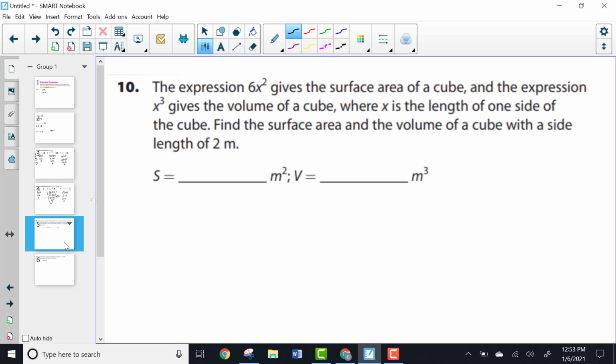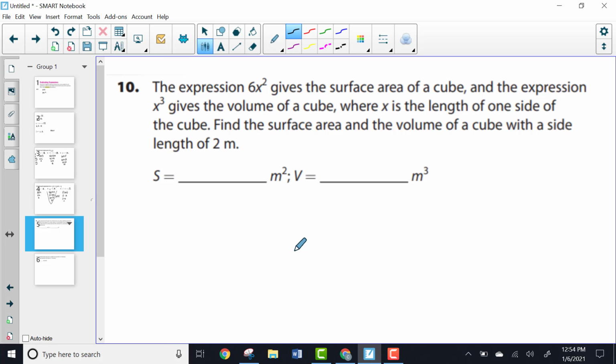Now what we're going to do is take a look at what this looks like in a real world setting. This math problem is right in your Go Math book, and you can see it right on page 271.